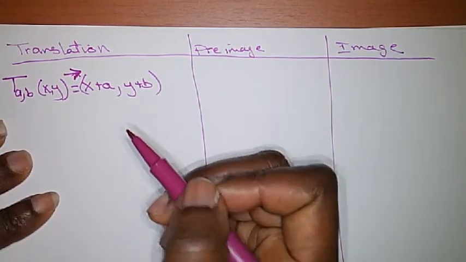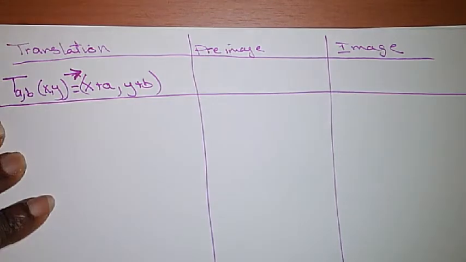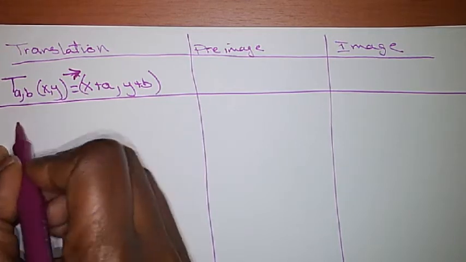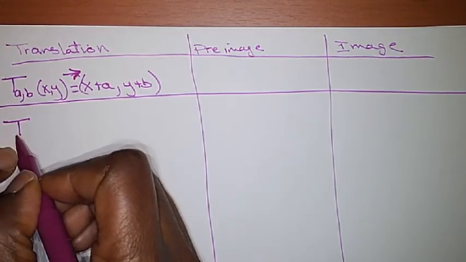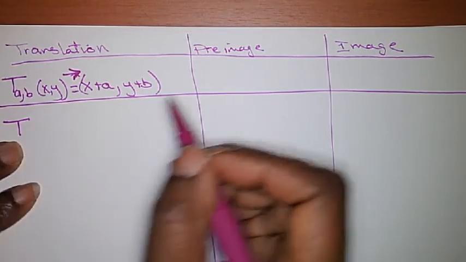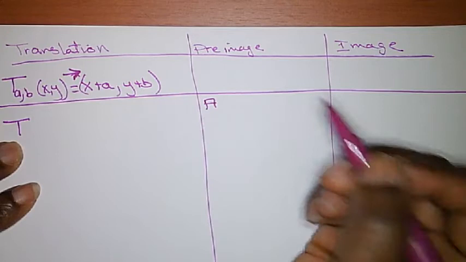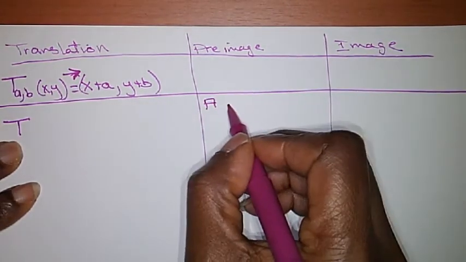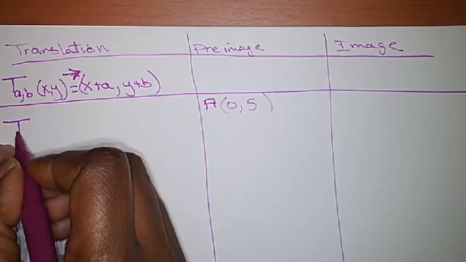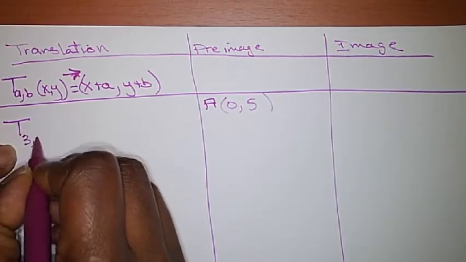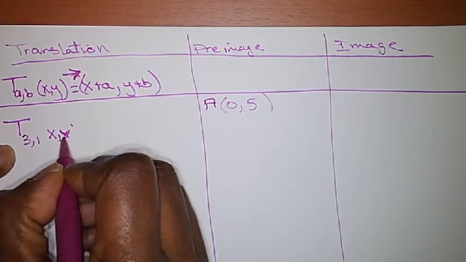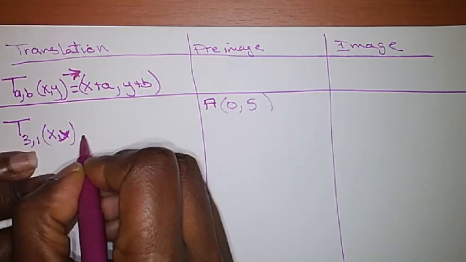Okay, so let's do one example so you can have a better understanding as to what I'm saying. So we are going to do a translation and I am going to use a pre-image of 0, 5, and I'm going to use 3, 1 onto my X and Y coordinate.